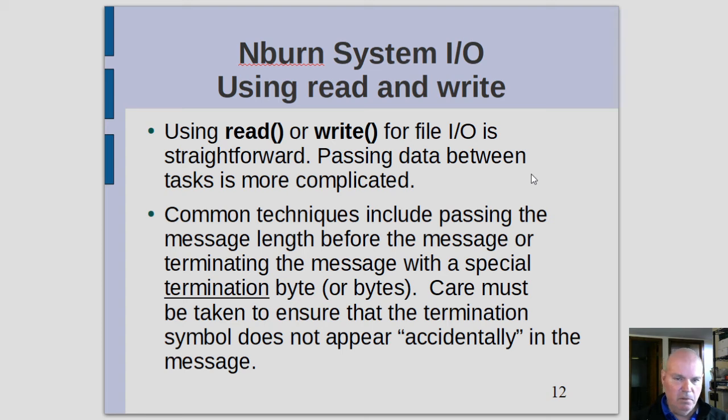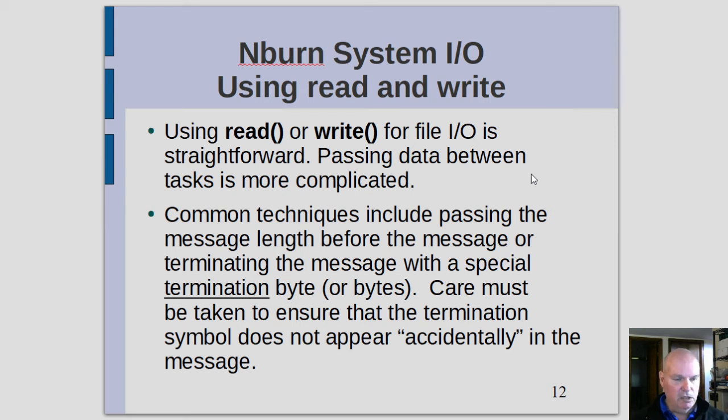And again, there have been a number of different data encoding methods that have been developed, but two simple ones are, to determine the size on the writing task, determine the size of the message that you want to send across. Say maybe it's 200 bytes. Then the first thing you would do is send a binary 200 across to the reading task, followed immediately by the message.